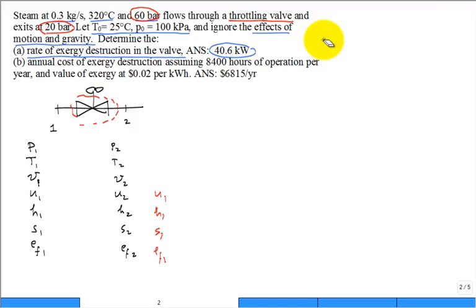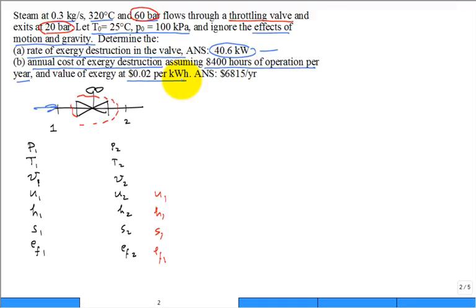All right. So now that you can calculate that, what is the annual cost of the destroyed energy, assuming that it runs for 8,400 hours of operation per year? So basically there's flow going through this device the whole year, 8,400 hours per year. And the cost of the energy is 2 cents a kilowatt hour, which is really cheap energy.